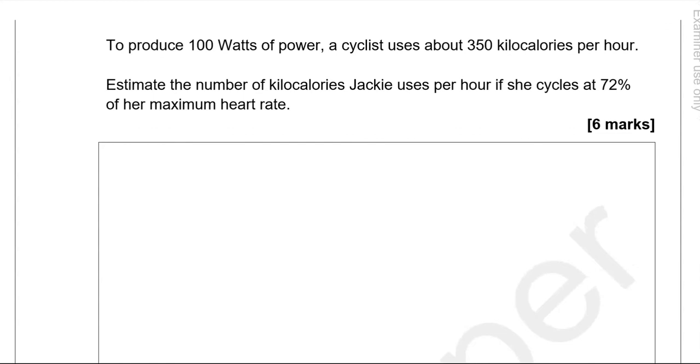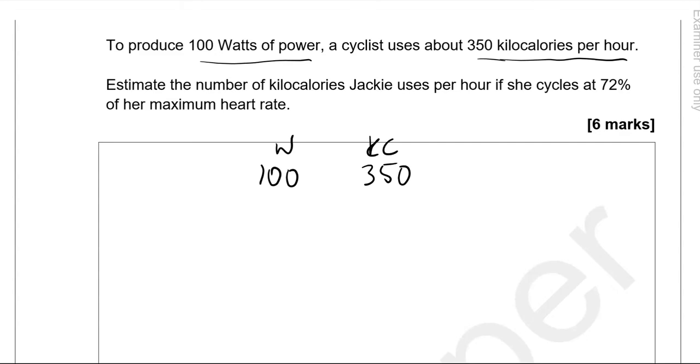So to produce 100 watts of power, a cyclist uses about 350 kilocalories per hour. So we've got to estimate the number of kilocalories that Jackie uses per hour if she cycles at 72% of her maximum heart rate.